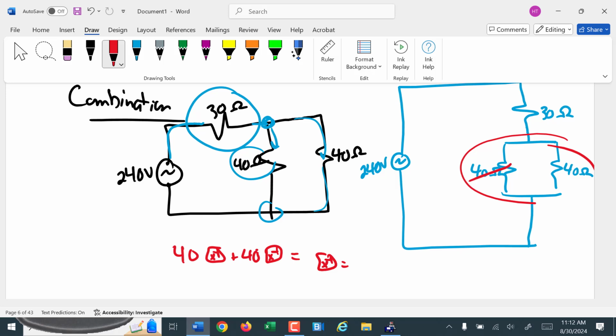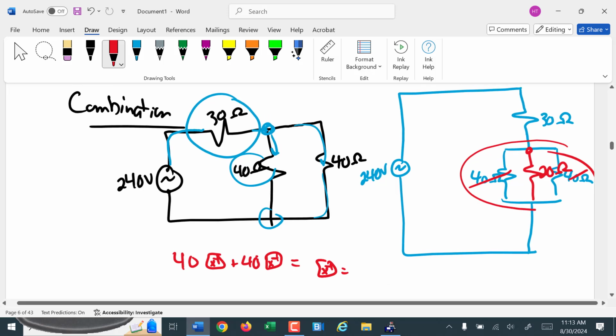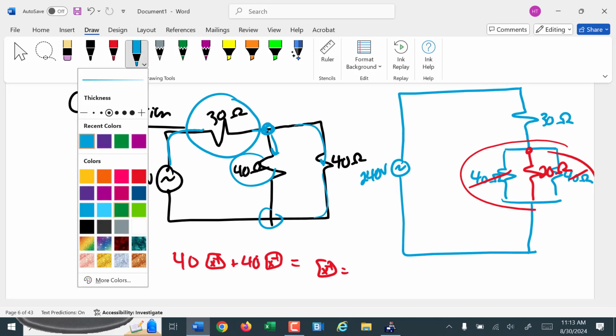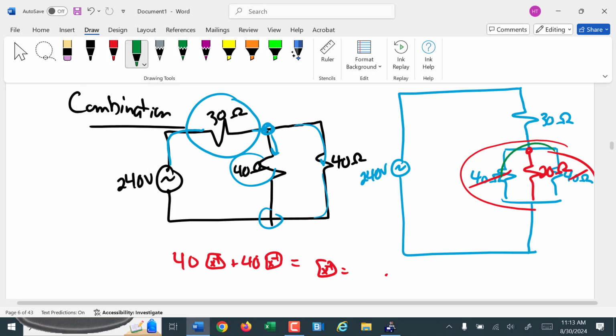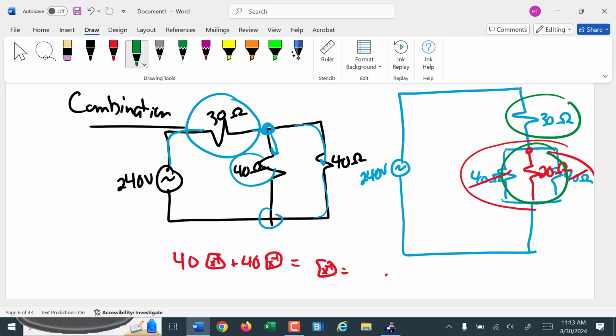I do 40 reciprocal plus 40 reciprocal equals, reciprocal equals is 20 ohms. So I'm going to replace these two with a single 20 ohm equivalent resistor. It's called a resistive equivalence. Those two resistors in parallel are the same as a single 20 ohm resistor.